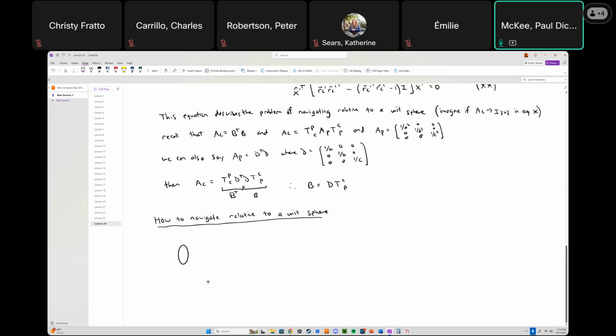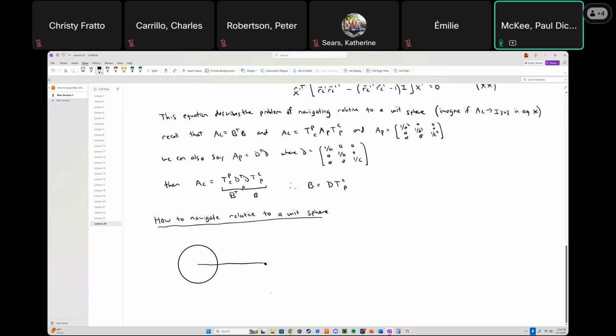I fully admit that Microsoft can do that better than me. So imagine that you've got an observer at some point out here, and really what we're after is this vector, which actually I kind of drew in a straight line. That's pretty good.